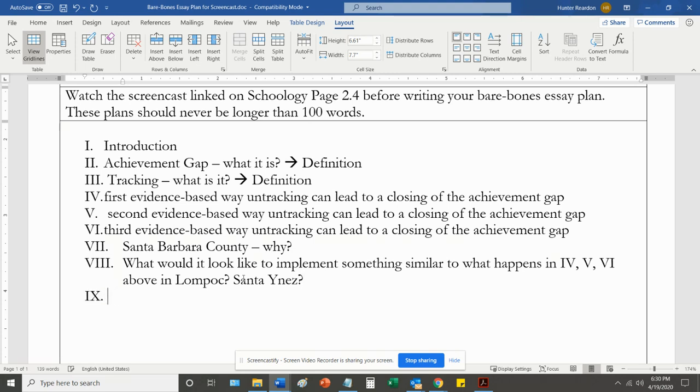And then maybe I'll even have a paragraph like arguments against making such changes, and why those arguments aren't as strong, right?